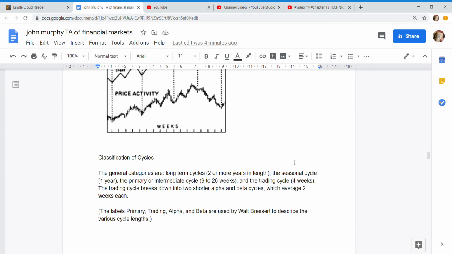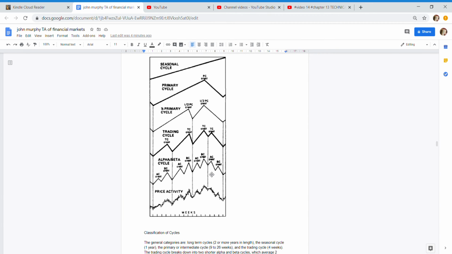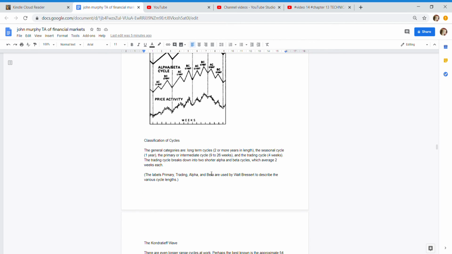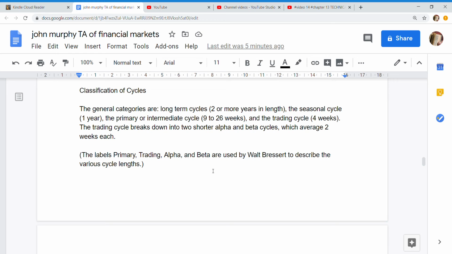Classification of cycles. The general categories are long-term cycles, 2 or more years in length, the seasonal cycle, 1 year, the primary or intermediate cycle, 9 to 26 weeks, and the trading cycle, 4 weeks.